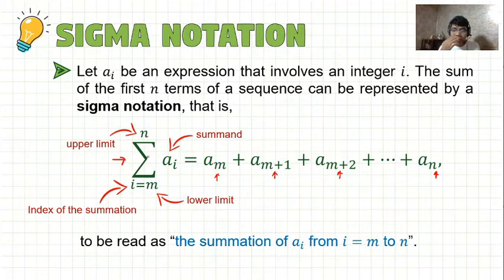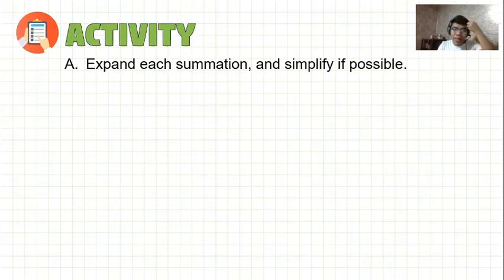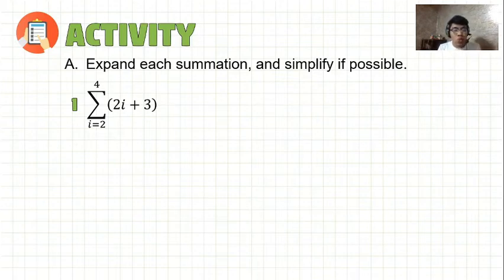So we just substitute i from m to n. In example number 1, we have the summation of the quantity 2i plus 3 from i equal to 2 to 4. If we expand this, we will just substitute i equal to 2 until 4.